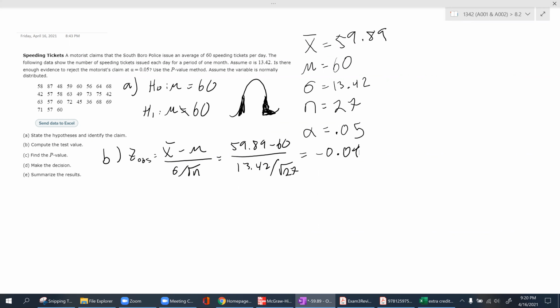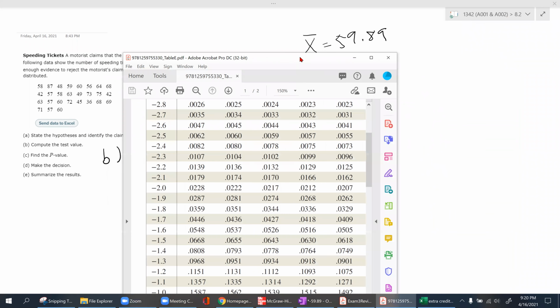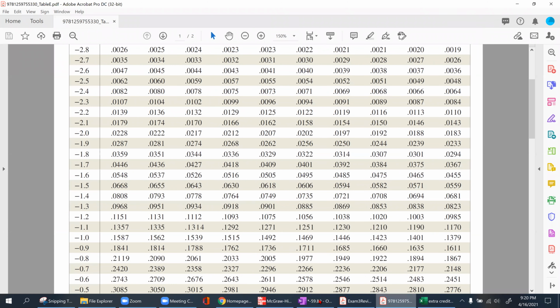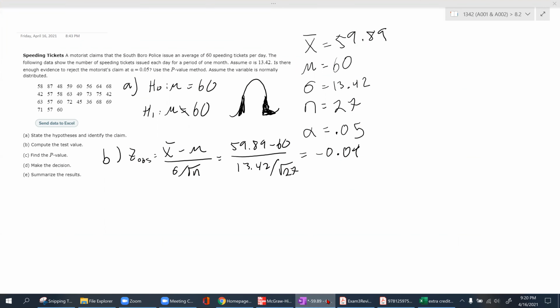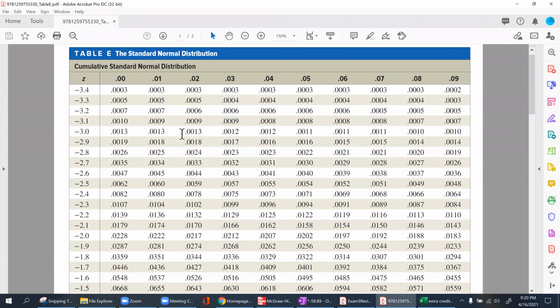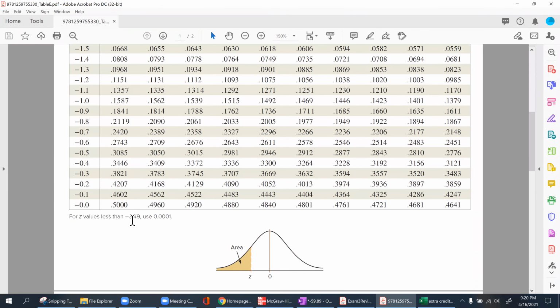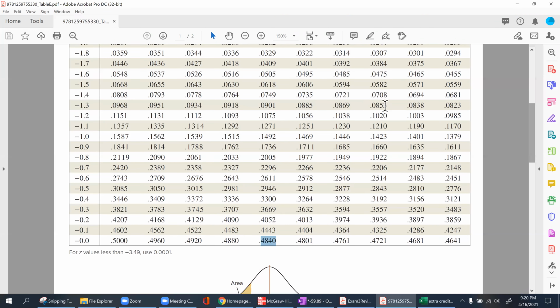So let's go ahead and find negative 0.04, that value right there. That is the p-value I'm looking for. Negative 0.04 gives 0.4840.